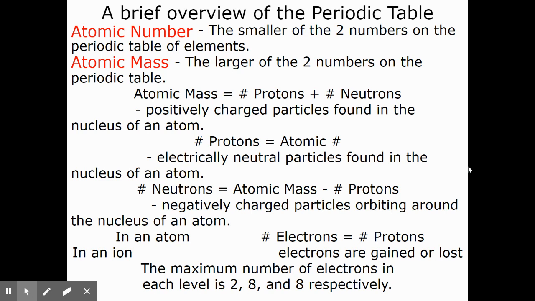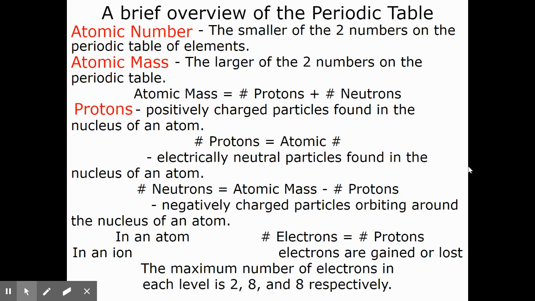All right? The atomic mass, we're not going to worry about too much right now, but that's essentially the number of protons plus the number of neutrons that are in the nucleus of the atom. Well, what are protons? Protons are positively charged particles. They have a little plus sign next to them there.